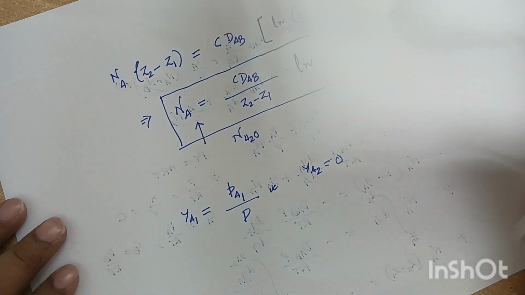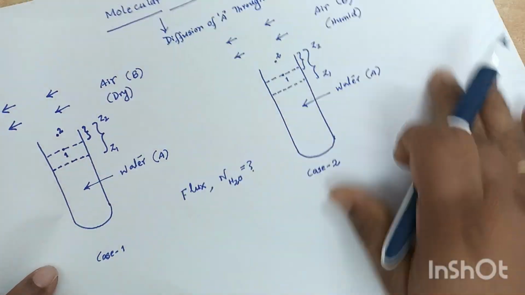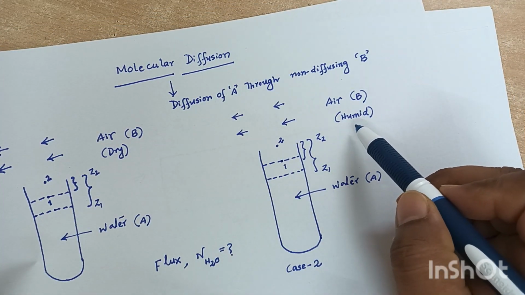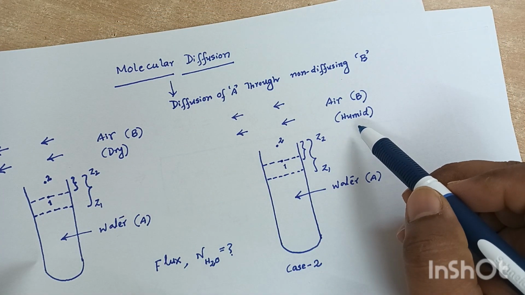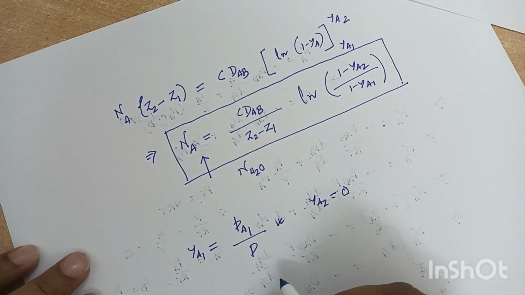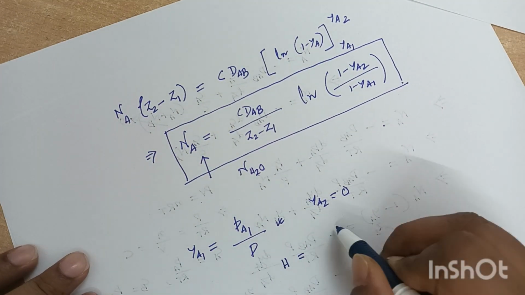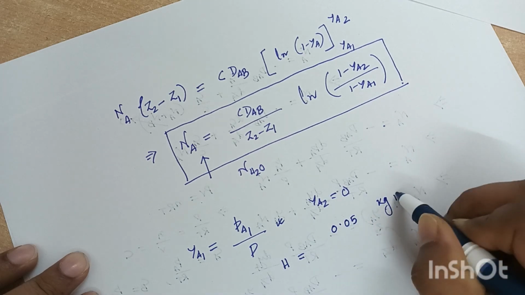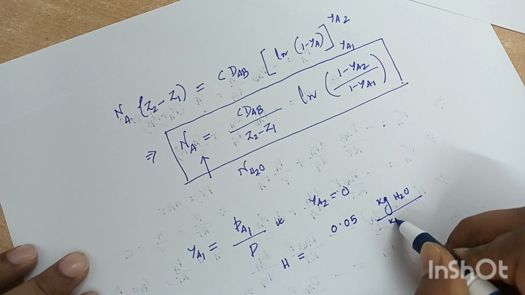However, in case 2, the air is no longer dry, but it is having humidity. Suppose the humidity value is given, and let us suppose the value of humidity is around 0.05 kg water per kg dry air.